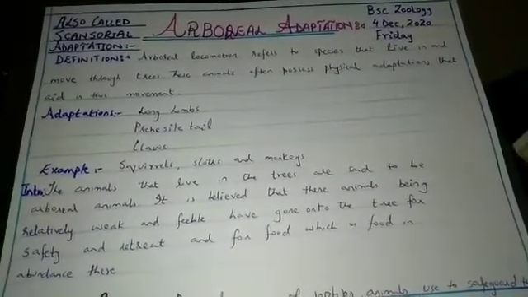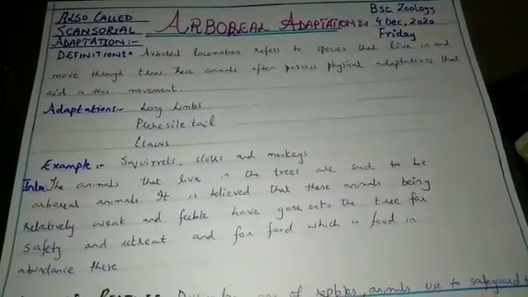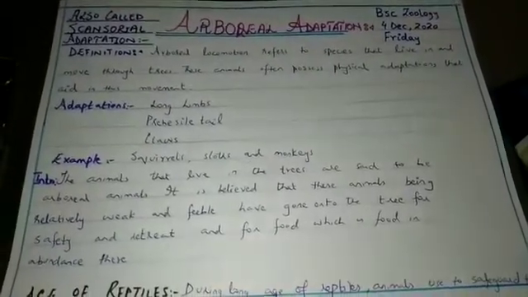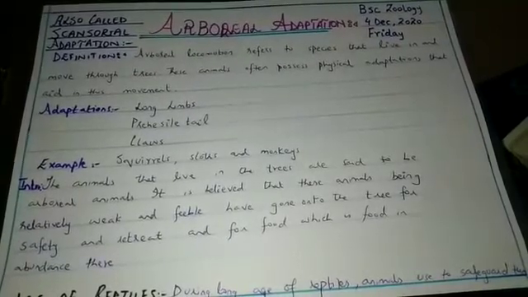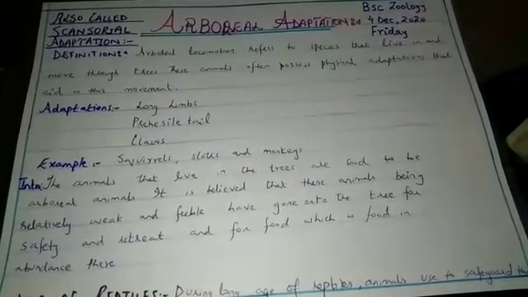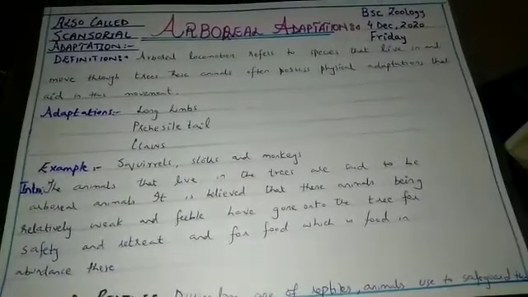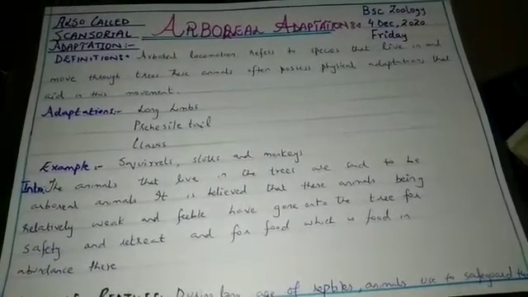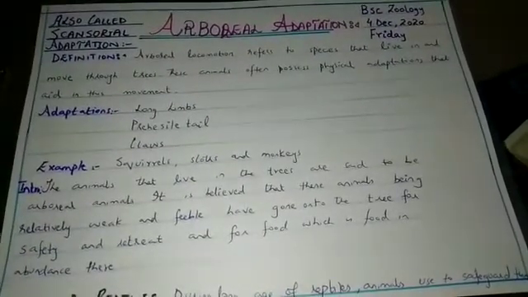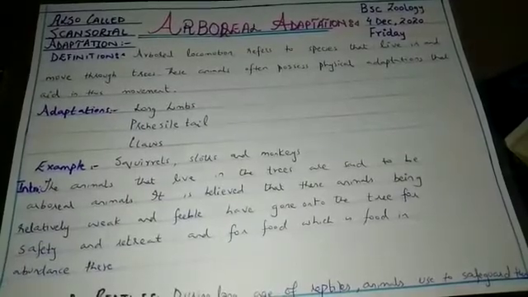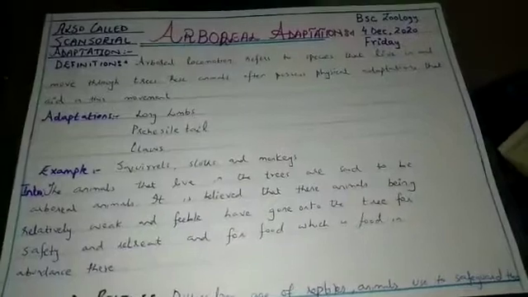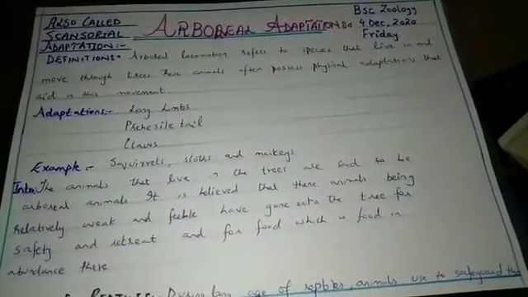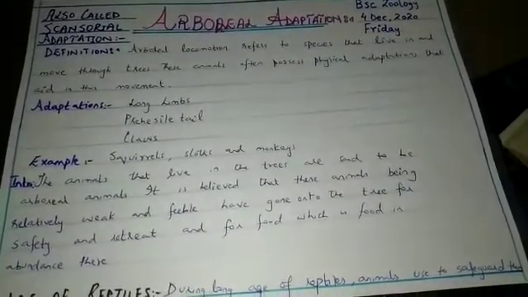So in order to protect themselves from their enemies, they try to walk, they try to run from one branch to other in order to protect themselves from the reptiles. As that age was of dinosaurs, some of the animals try to hide themselves, they try to escape from their enemies. So they adopt the mode of arboreal adaptation.